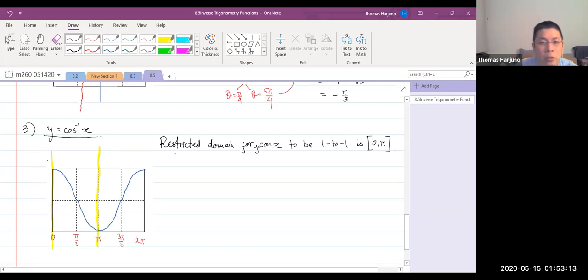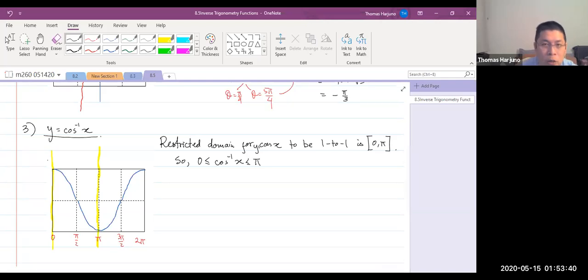Now, whatever x you plug in, if it is in the domain of cosine inverse, then the output will be between 0 to pi. We can say that's the range of cosine inverse.